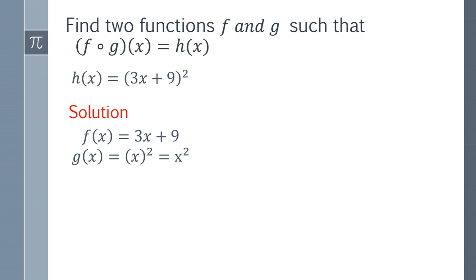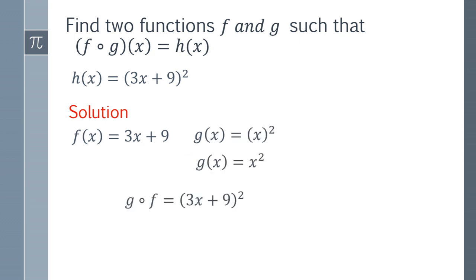And now what you want to do is you just want to check. So if I wrote g of f is equal to 3x plus 9 squared, let's see if that works. So let me write it out. Give me a second. If we have g composed with f, then this is g of f of x.